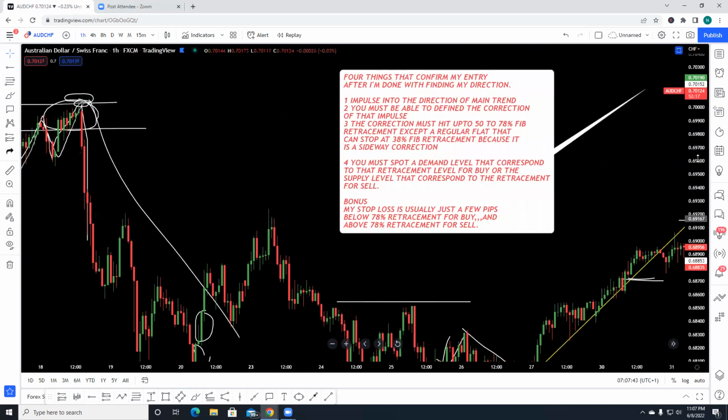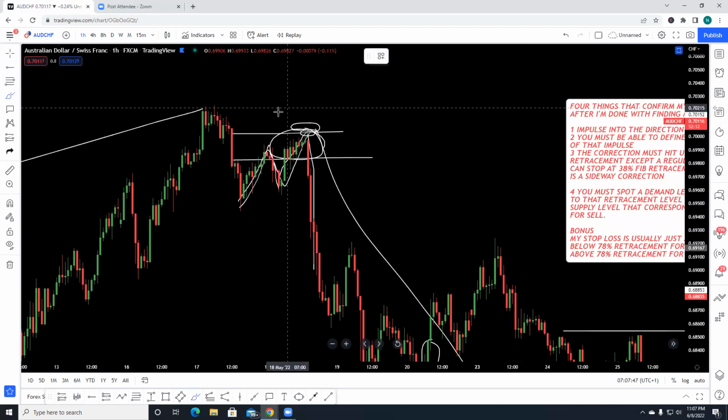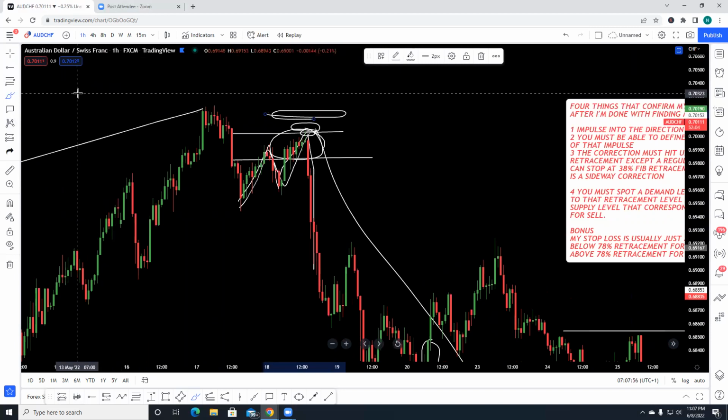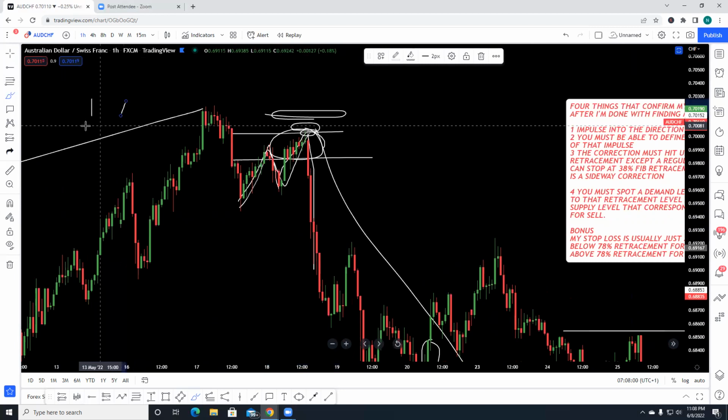So where do you put stop loss for this one? Above 78. Just put it above. If it hits you, no problem. By the time you put it above 78, if your entry time frame is 1 hour or 15 minutes, you are not going to get more than 30 pips stop loss.